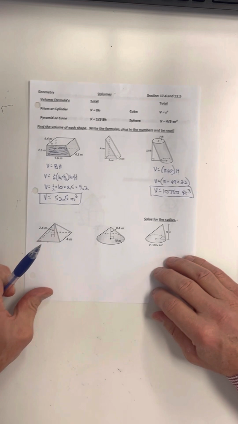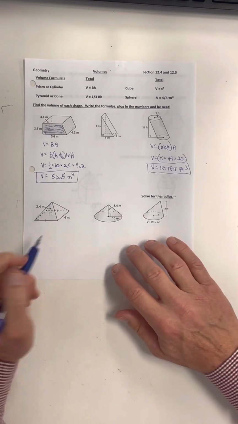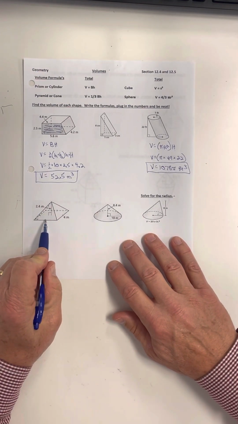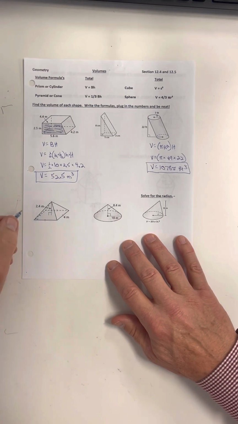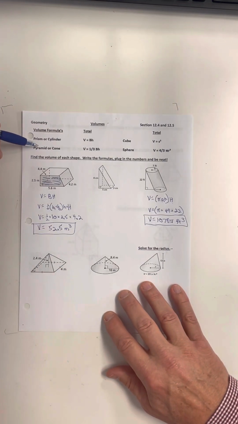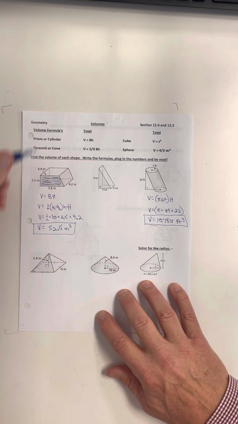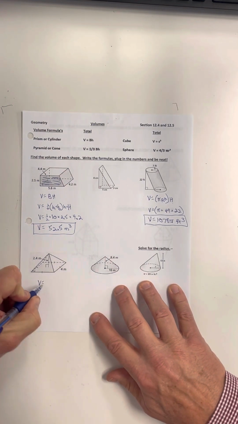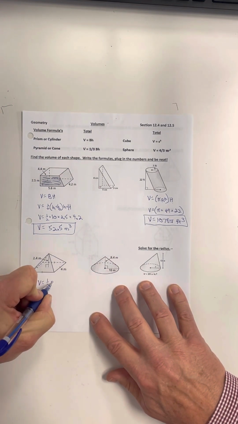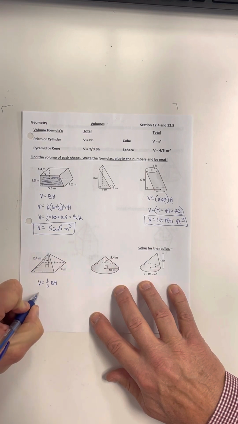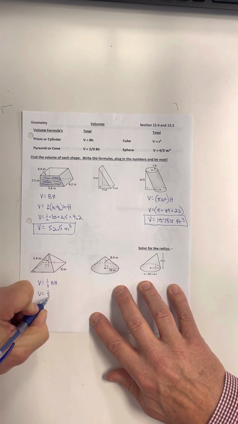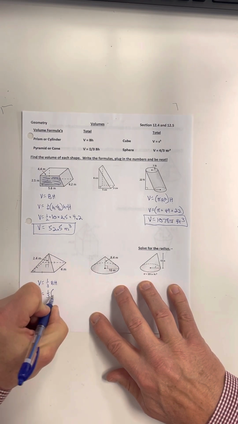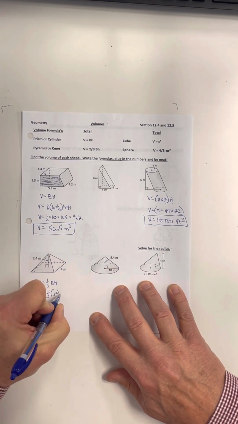Now, let's move on. So now we're going to this shape, which is a square pyramid. So we use the formula for a square pyramid. It's 1/3 base times height. What kind of base is it? It's a square, so really it's 1/3 s squared times h.